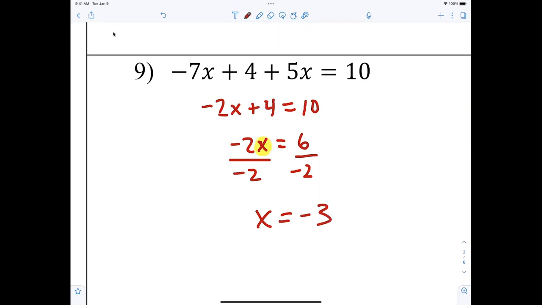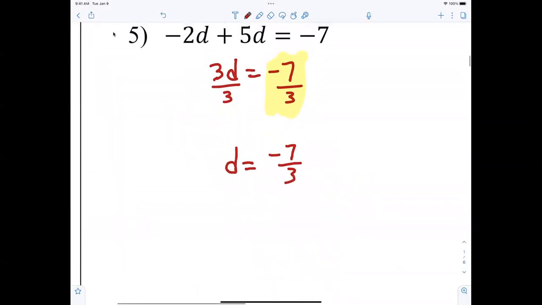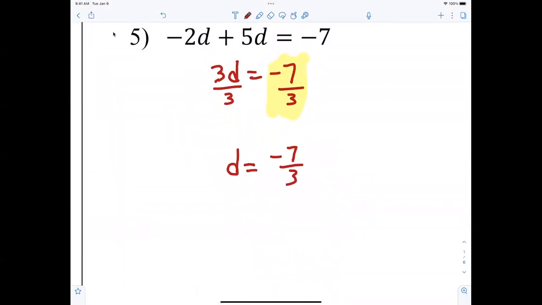You can also just do it where you think, what times 2 equals 6? Or you can think mathematically. Because I can make the numbers hard so you can't do them, like the one that I asked you to do. You had no idea what times 3 was -7.